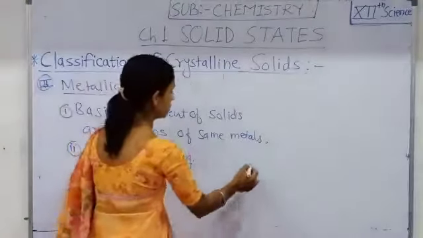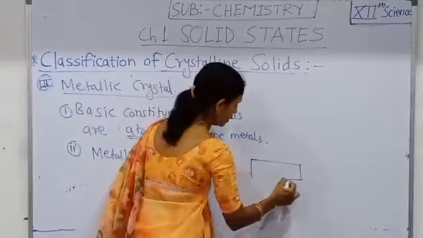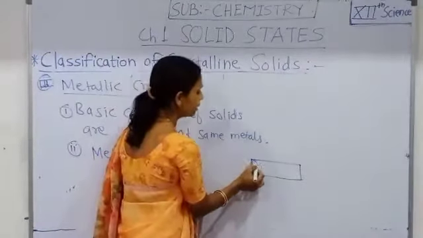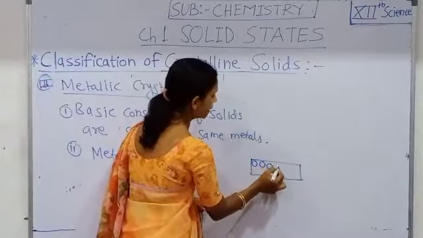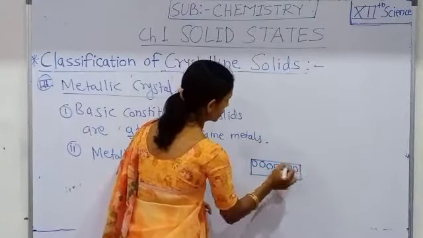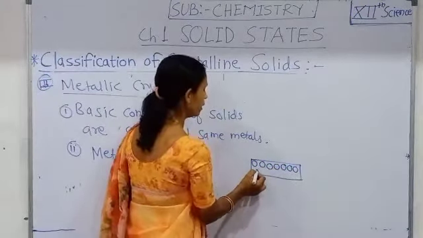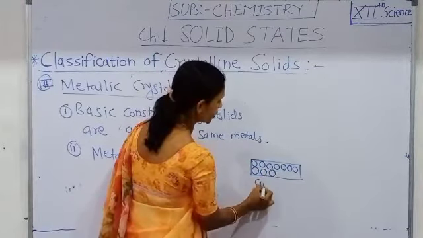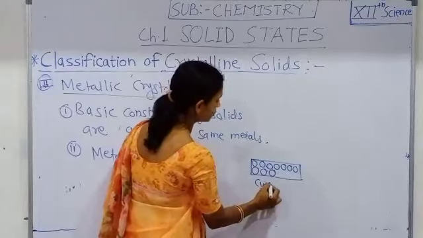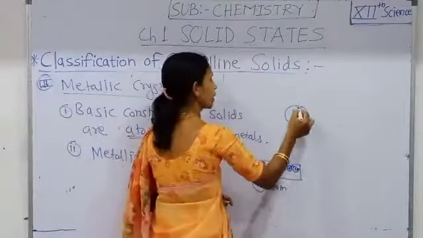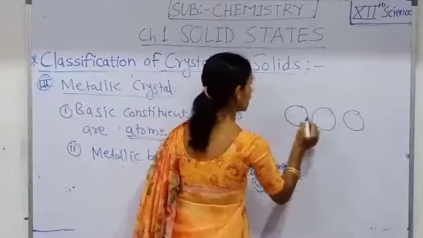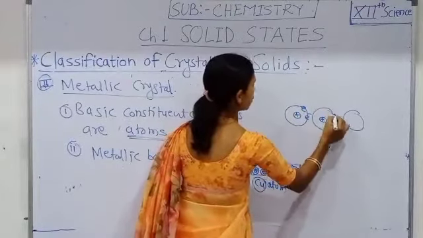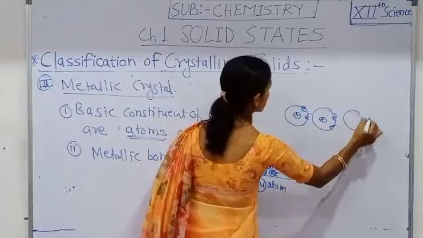See here, a metal is made up of atoms, for example copper atoms, in which valence electrons are there in their valence orbitals.